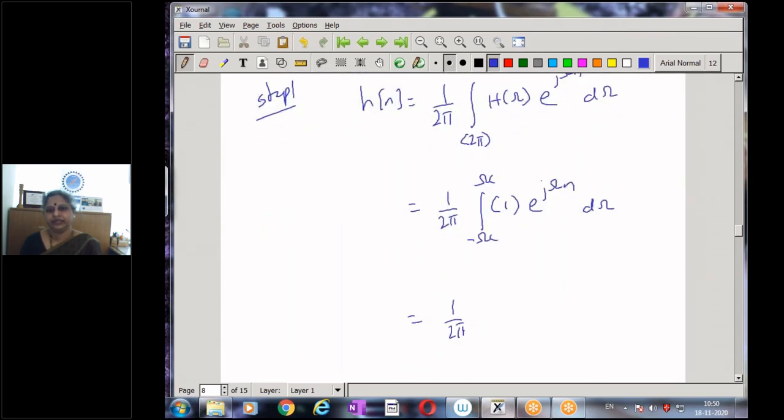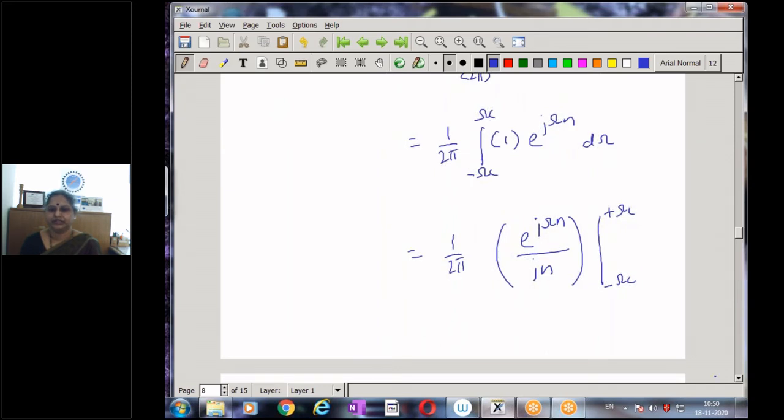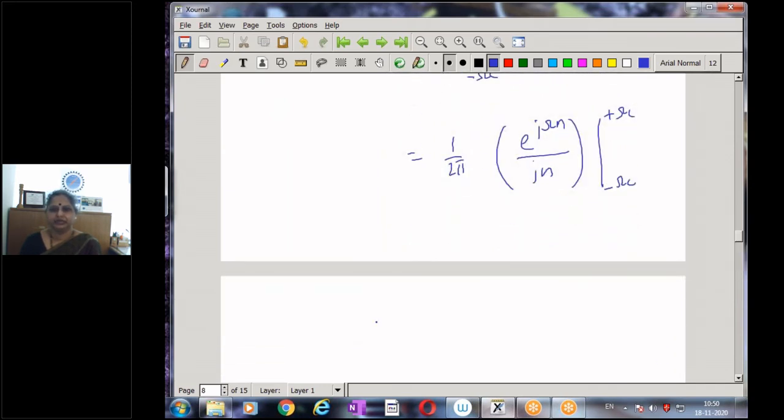And then I get e to the power of j omega n by j n, with the limits of integration being minus omega c to plus omega c. So I continue evaluating: 1 by pi n, for convenience, times e to the power of j omega c n minus e to the power of minus j omega c n divided by 2j.